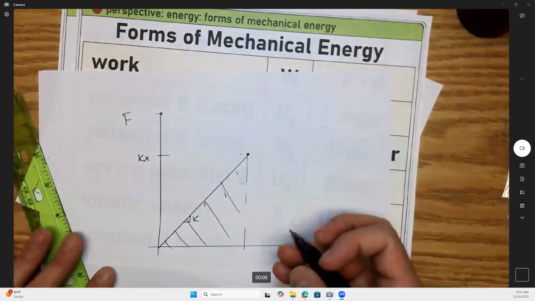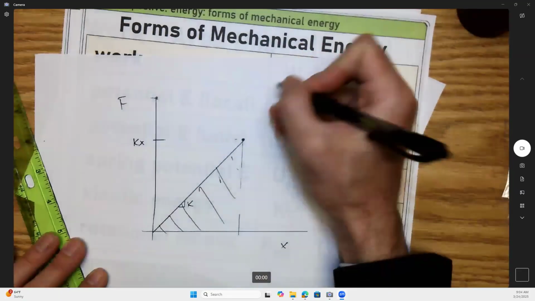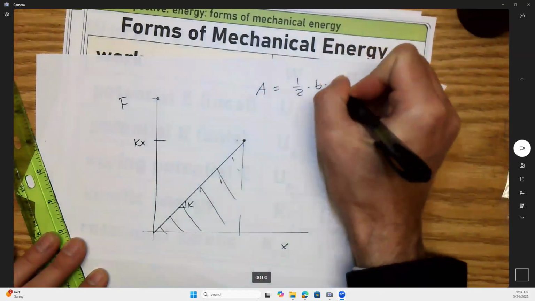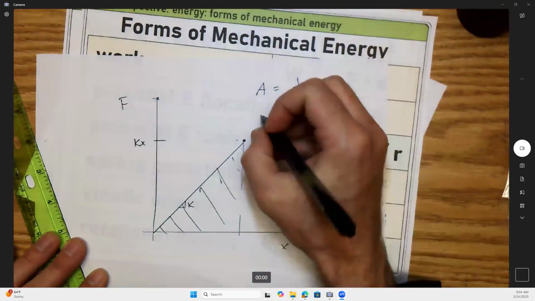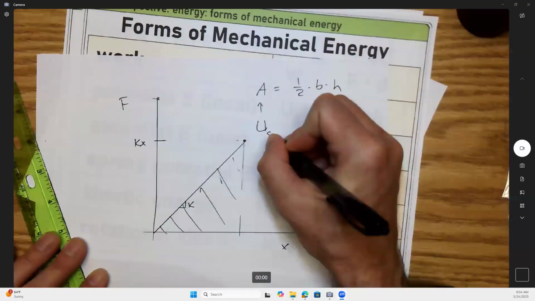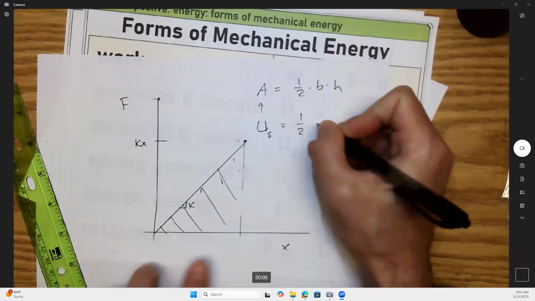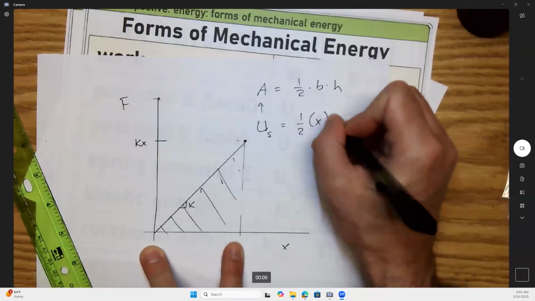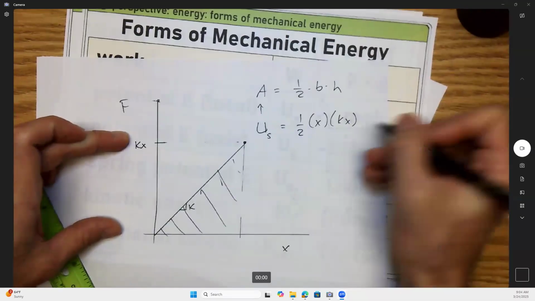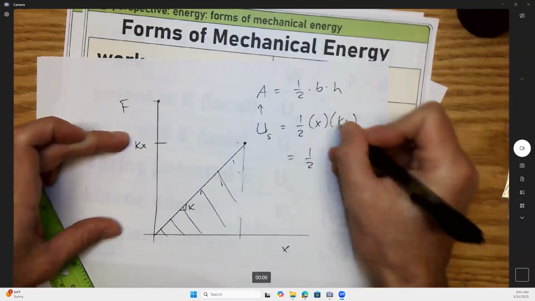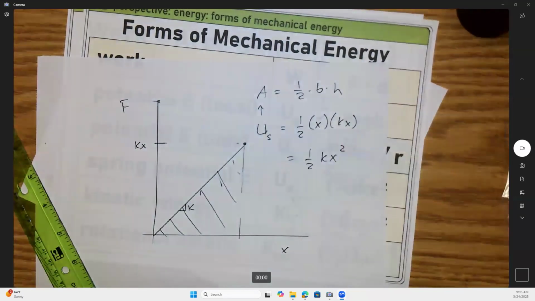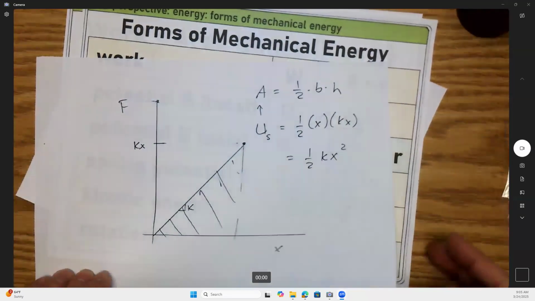Well, the area of a triangle is 1/2 base times height. And the area in this case refers to energy, so I'll do U for energy in the spring. 1/2, the base is some value x, and the height is some value kx, right? Put it all together: 1/2, there's a k, x times x gives you x squared.